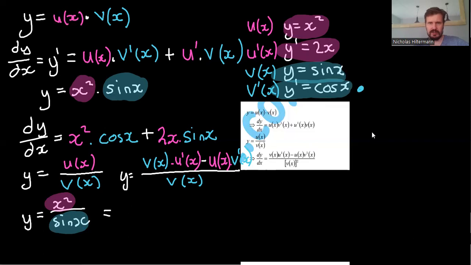I've already done what the derivative is of each of them, so now all we do is simply plug in. We put in our v(x), the blue, which is sin x, times u dash x, which is the derivative of x squared, which is 2x.